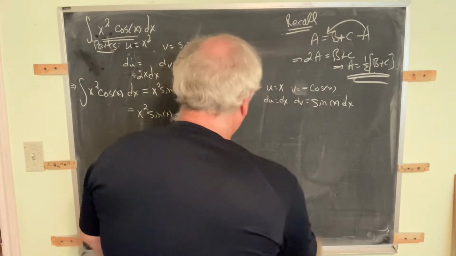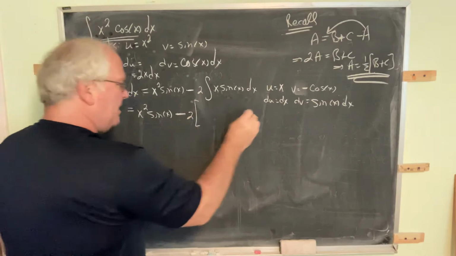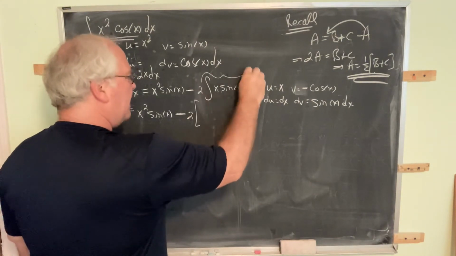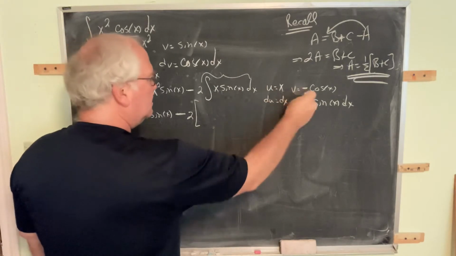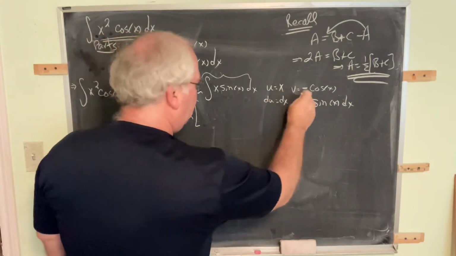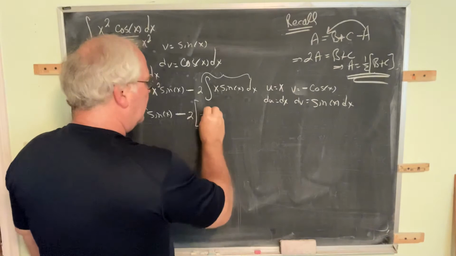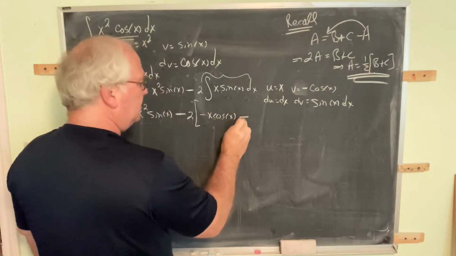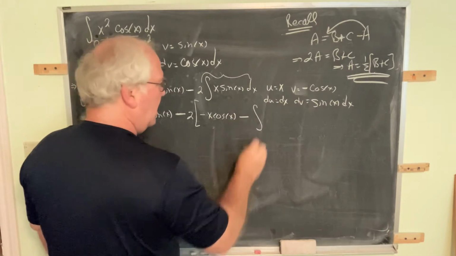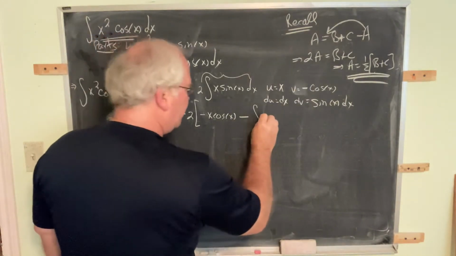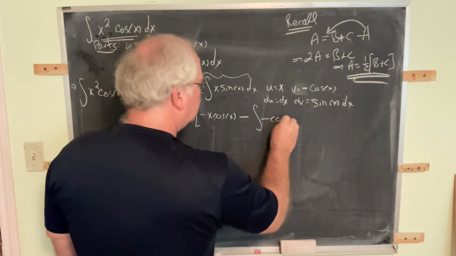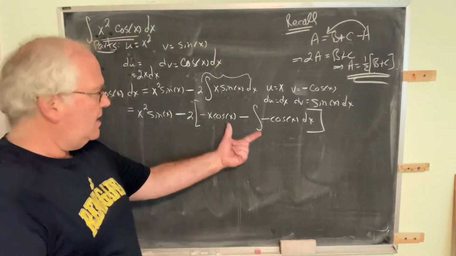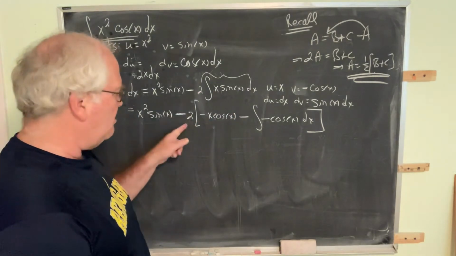And now reconstruct uv minus the integral of v du a second time inside these brackets. This is uv, so let's be very careful with our negative signs. uv is negative x cosine x, minus, because of integration by parts, the integral of v du, and that's another negative sign. So everything in here is this integral with the 2 multiplier.